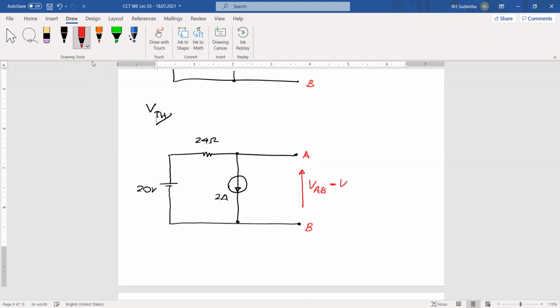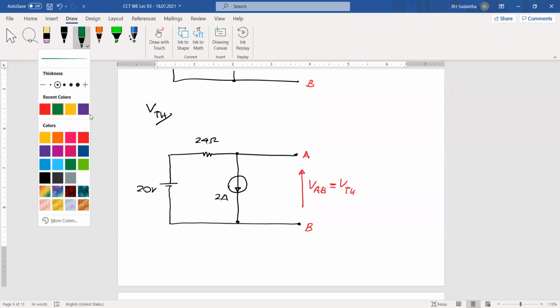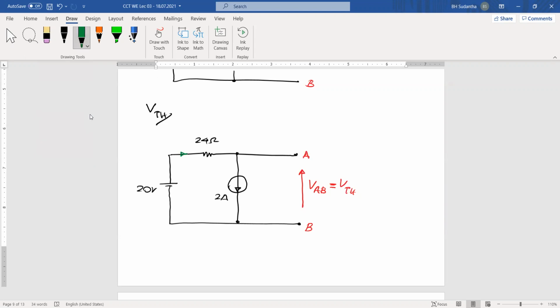Then this is VTH. Okay. Then shall we find VAB? Then we can mark the current. But hereafter you can use the normal theorem. And this is the current going through this one, but it's 2 ampere. So this is the loop, and we haven't connected anything here. Because of that, there is no current in these branches.